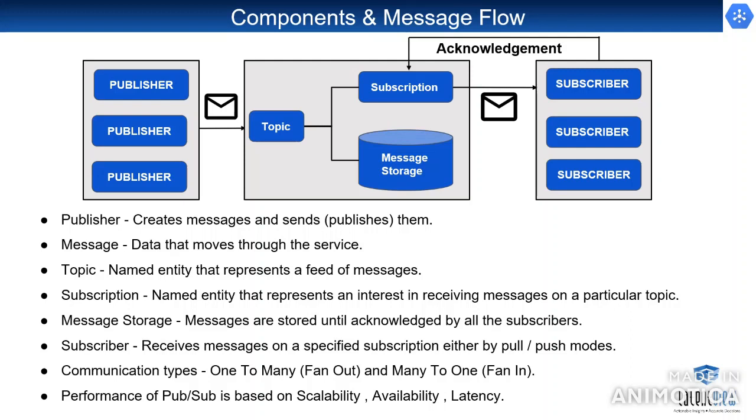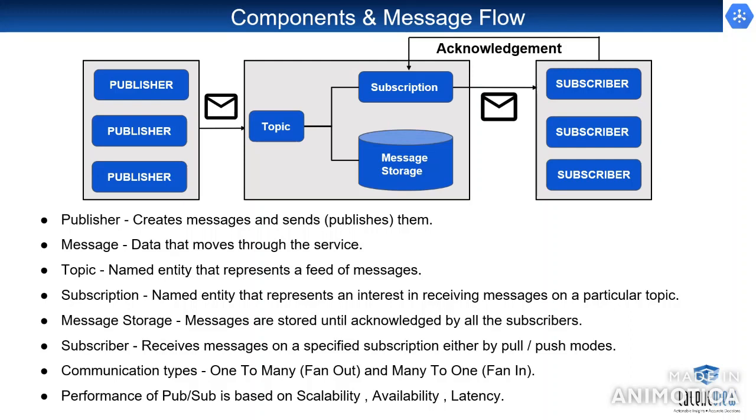So who can be publishers and who can be subscribers? Publishers can be any application, like an App Engine app, an installed app for mobile or desktop, or even a browser. In case of subscribers, there are again two types because of the pulling and pushing methods.